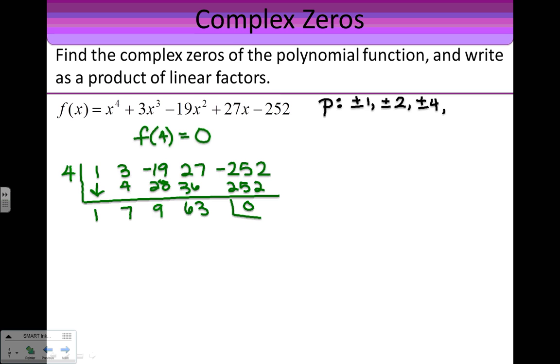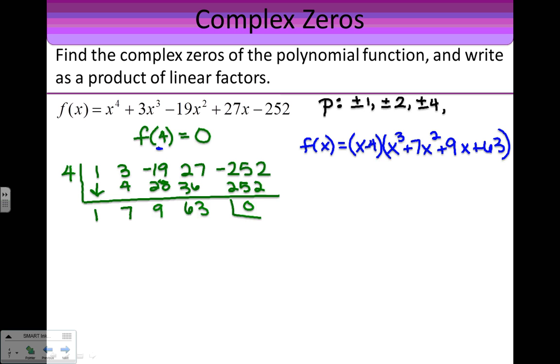And of course, we come out with a remainder of 0. So we have f of x over here. I'm going to go ahead and start writing out my answer so I can keep track. So I found out x minus 4 is a factor when I used the remainder theorem to plug that in. And when I divided by that, I got x cubed plus 7x squared plus 9x plus 63.